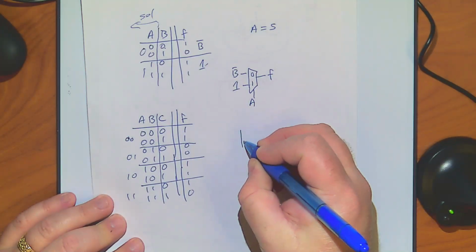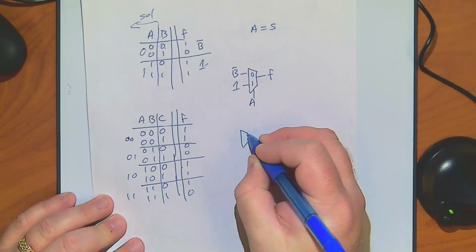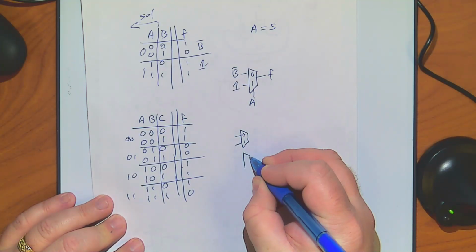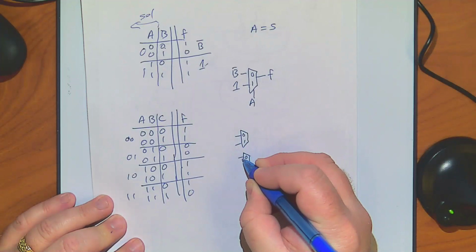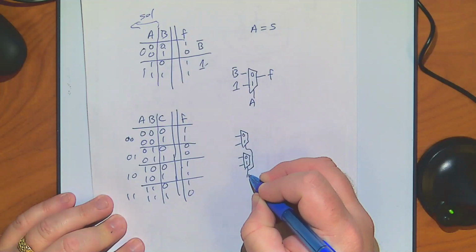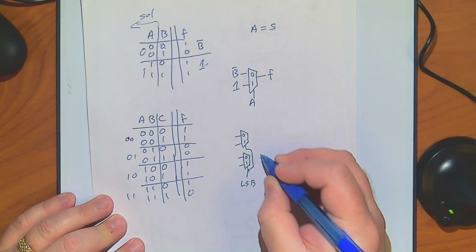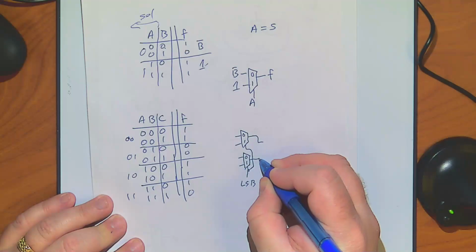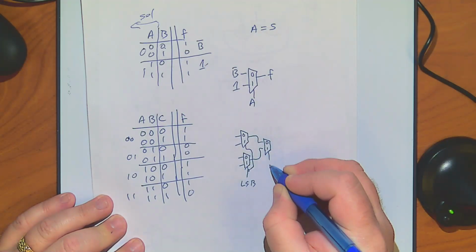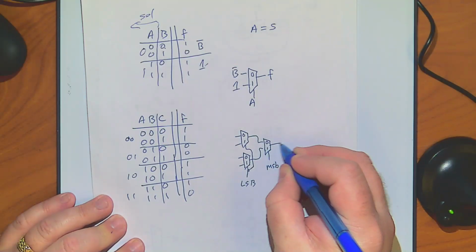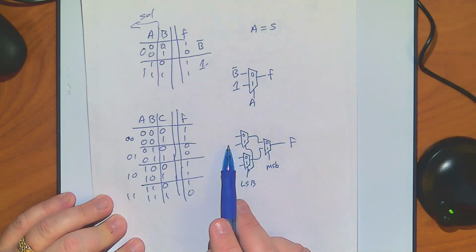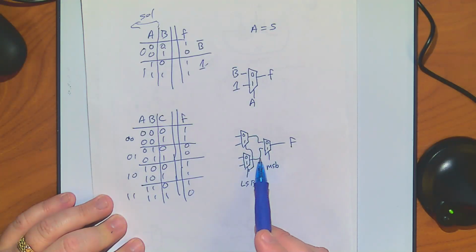And for a 4-input mux, all I have to do is take a 2-input mux, a second 2-input mux, and I hook this one to the least significant bit, and then they come into another, and I hook this to the most significant bit. I have my function out, and this is select the 0 and the 0 line.